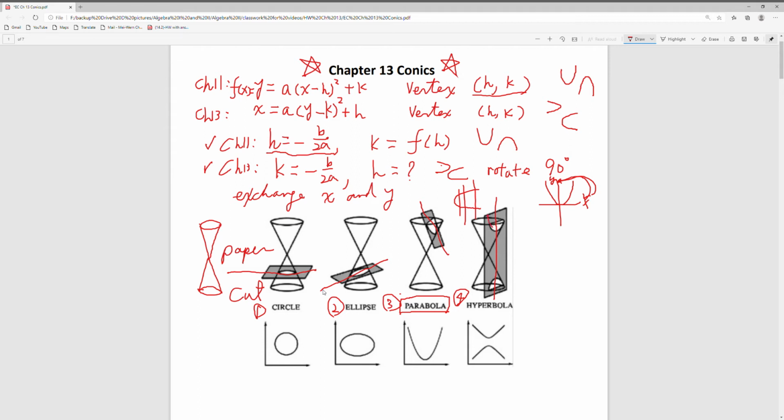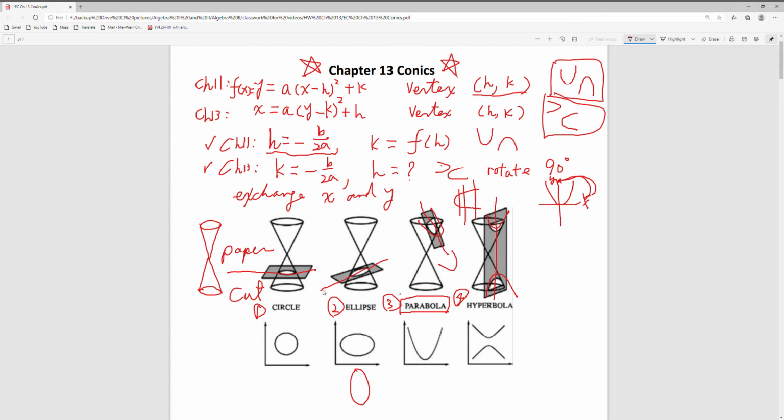So this is hyperbola. This is parabola. And here we don't study this type of parabola. We only study vertical, up, down, or horizontal, left, right. Okay. And the ellipse, here we don't study the slanted ellipse. We have the vertical ellipse or the horizontal ellipse for chapter 13.